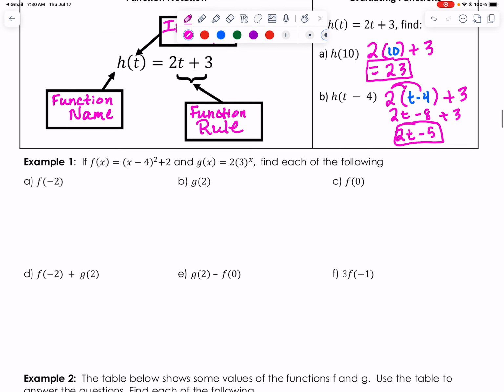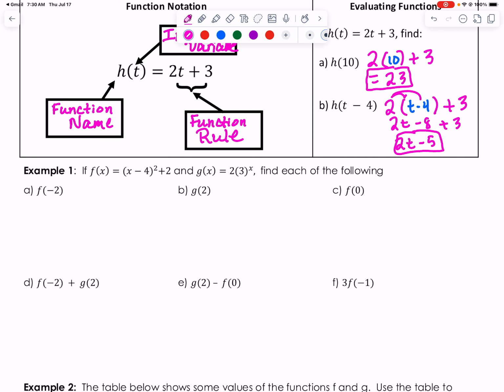In our first example, it says if f of x is equal to x minus 4 squared plus 2, and g of x equals 2 times 3 to the x power, find each of the following. So in problem A, they want us to find f of negative 2. Now, it's important that we plug our negative 2 into the proper function. So because our function name is f, we want to use our f of x function.